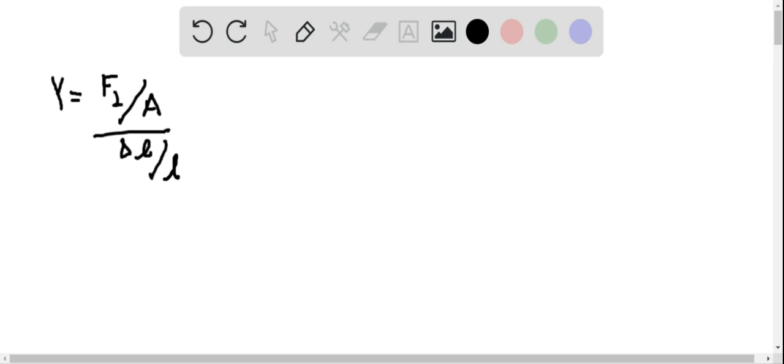Notice that we were given some quantities, and these quantities were the Young's modulus, which is 2.0 times 10 to the 6 newtons per meter squared. So let's write that down.